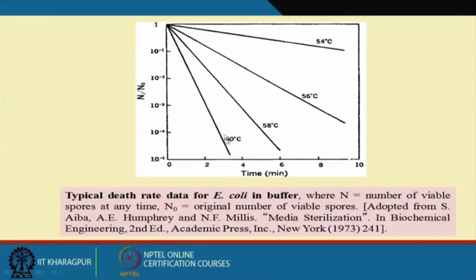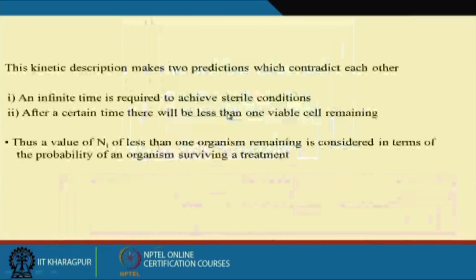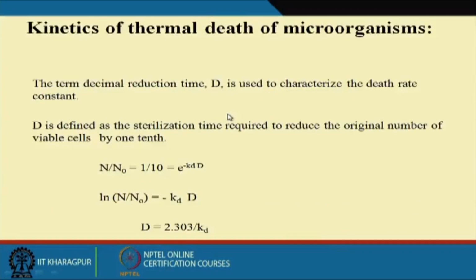This is in the case of 60 degrees centigrade and 54 degrees centigrade. If you increase the temperature more, it will be more steep, so the kd value will increase. So what I want to say is that as you increase the temperature, the kd value will increase to a great extent, and your D value will decrease.